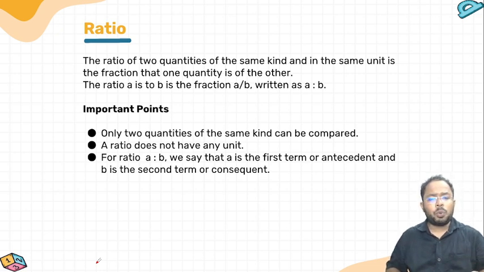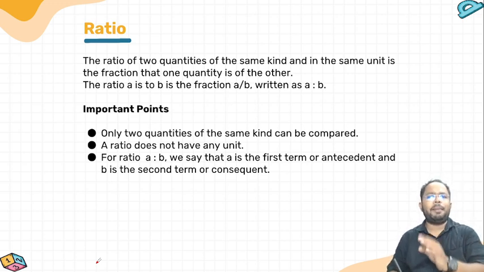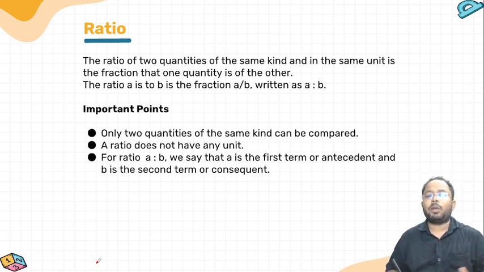So ratio helps to compare two quantities which are of the same kind. The ratio of two quantities of the same kind and in the same unit is the fraction that one quantity is of the other.